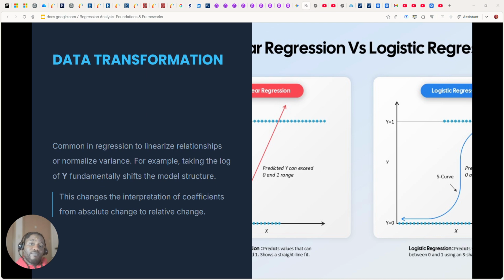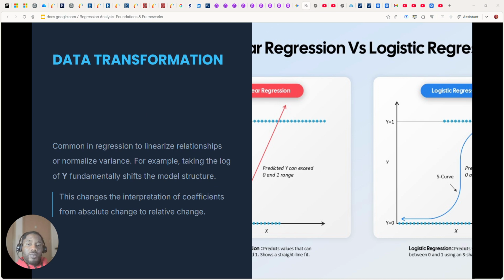So instead of using y directly, you can use the log of y in the regression. So why do this? To straighten the curved relationship.